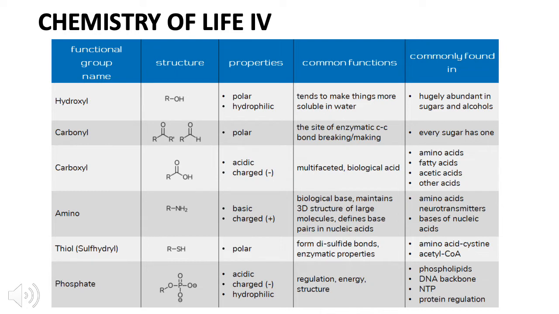So, for example, if I'm looking at an amino group, I understand amino groups are found on amino acids. I know that amino acids are found in proteins. So if I'm looking for a protein, I'm looking for amino acids. And the name amino acid gives me a really good clue as to what this organic compound looks like. It's probably a carbon. It's probably got an amino group on one side, and it's got an acid or carboxyl group on the other side.